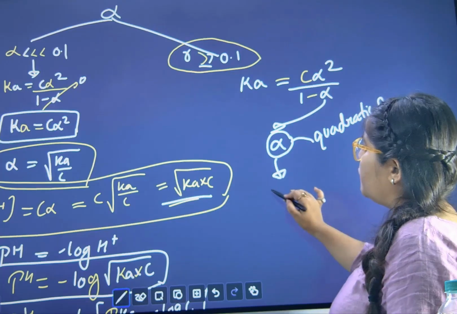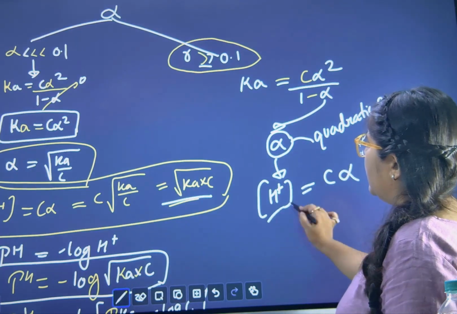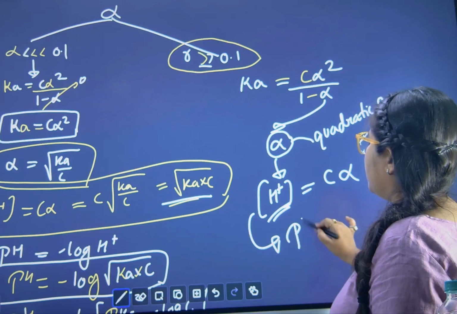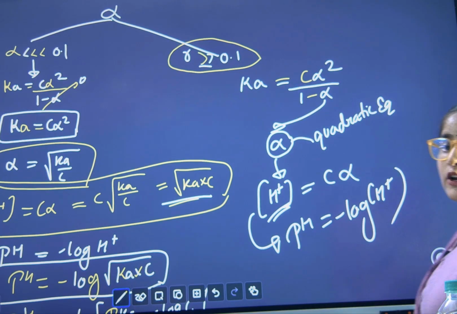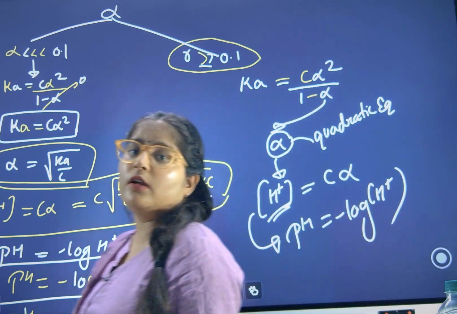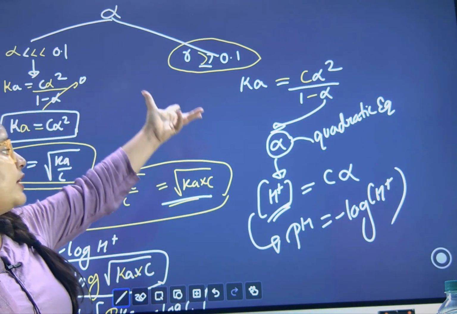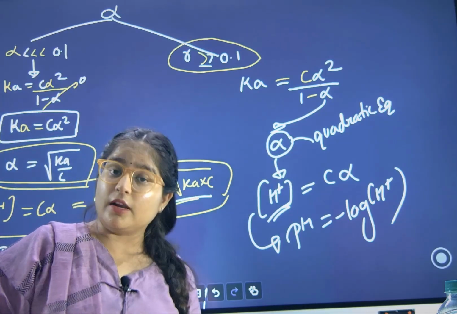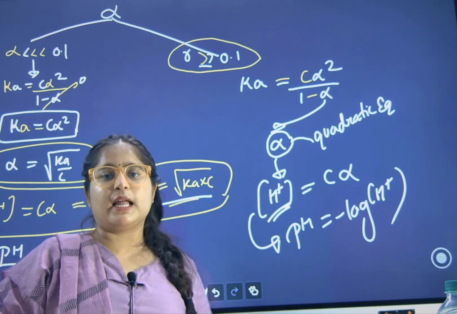After solving alpha, we will use our universal formula H plus equal to C alpha. Once we have got H plus, then we will find pH equal to minus log H plus. Are you able to understand how to solve? So, whenever the alpha in the question is more than 0.1, in that case we will find our alpha using the quadratic equation and then calculate. Fine.